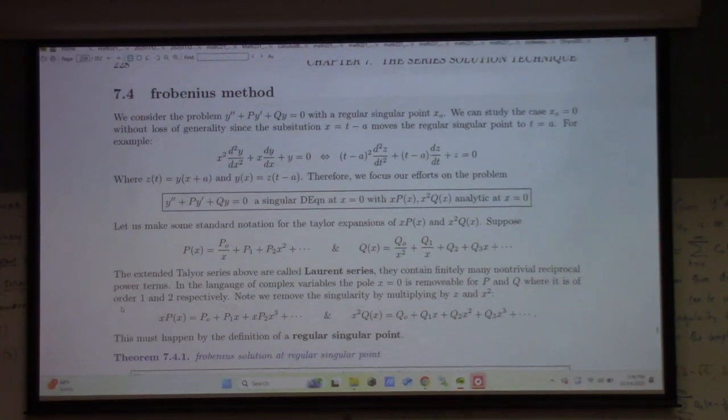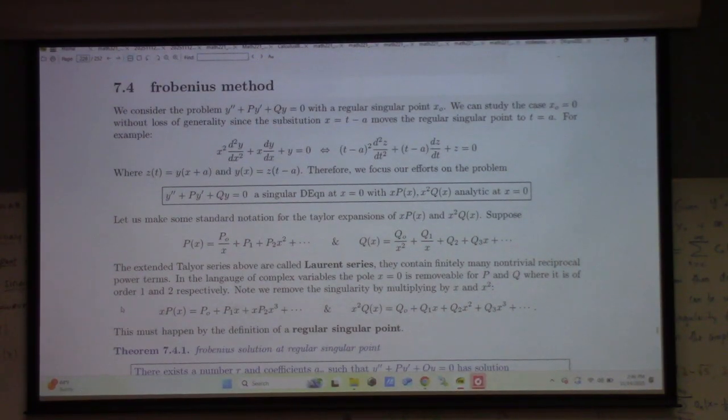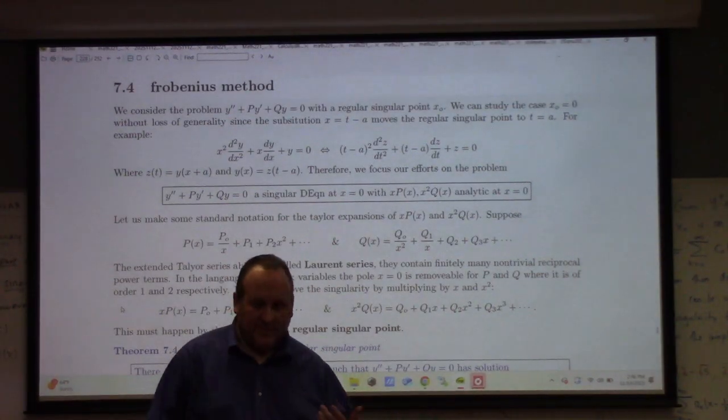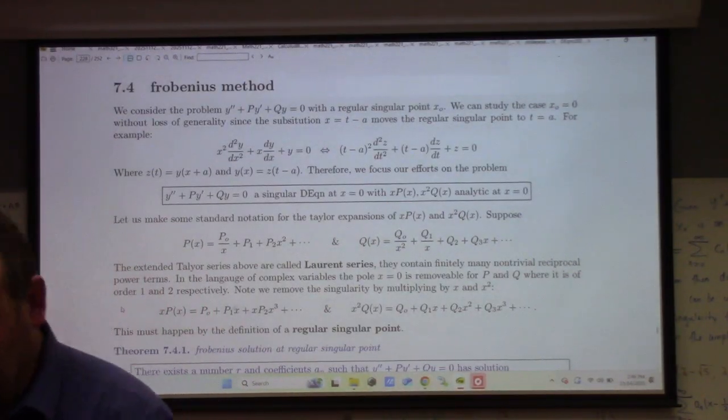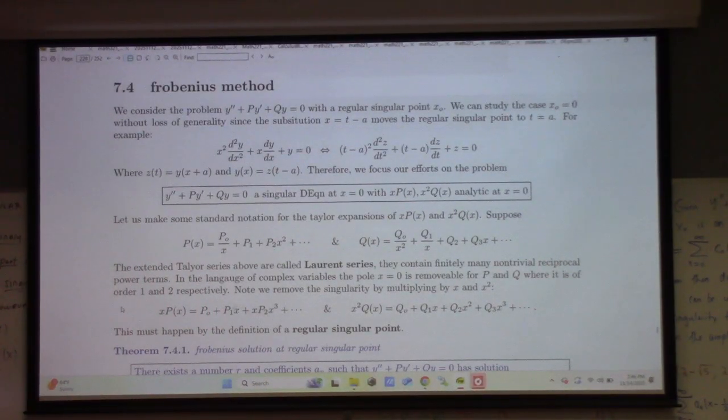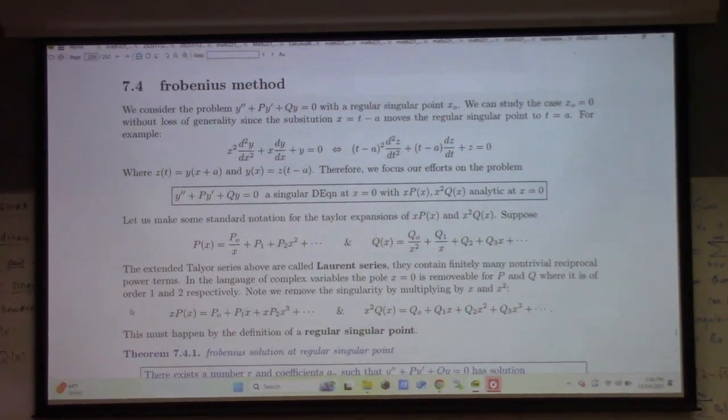So this is Frobenius method. Basically, Frobenius method answers the question of how do we solve a differential equation at a regular singular point?